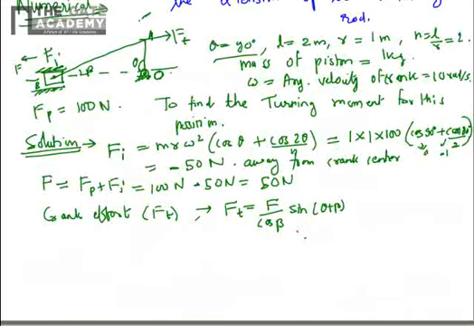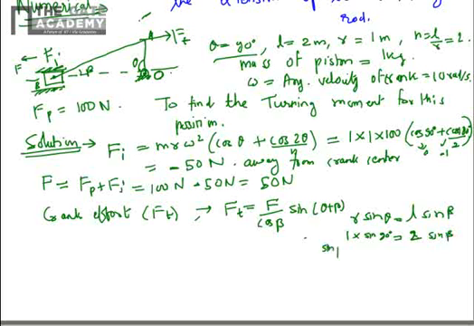So we get R sine theta is equal to L sine beta. R is 1, sine 90 degree also becomes 1, equal to L, the value of L is 2, sine beta. So sine beta becomes 1 into 1 by 2, that is equal to half.